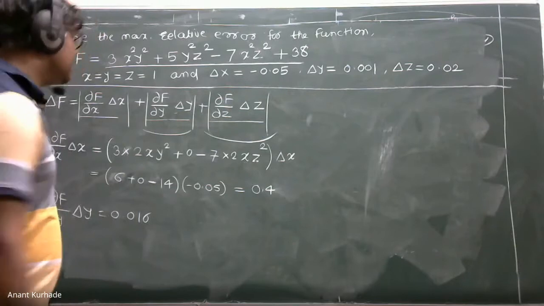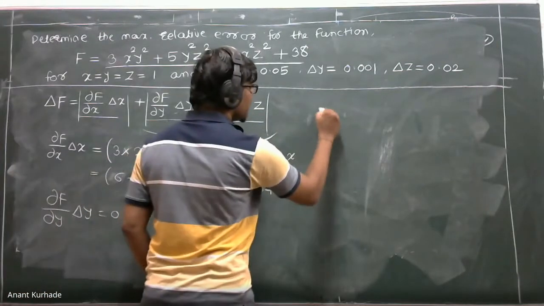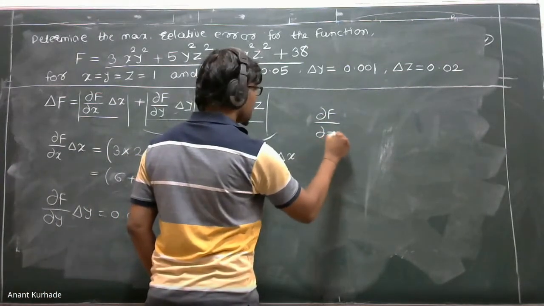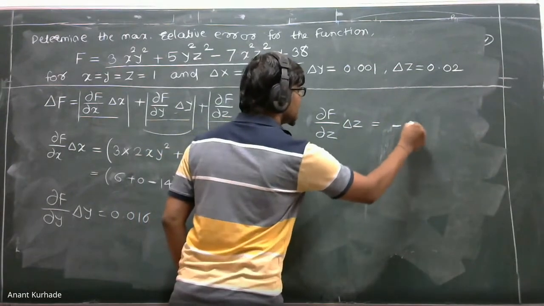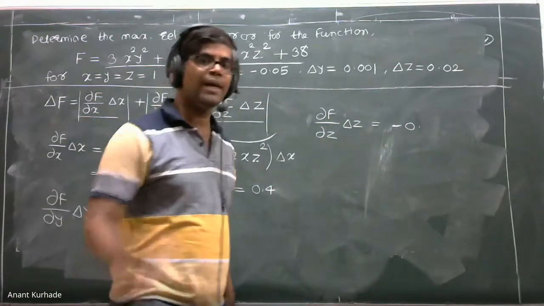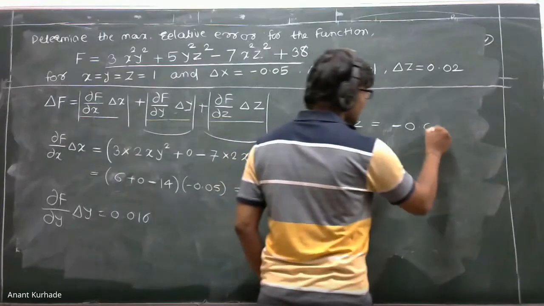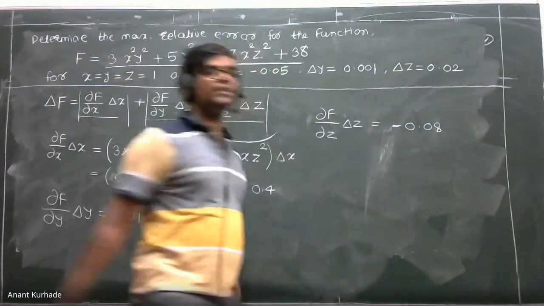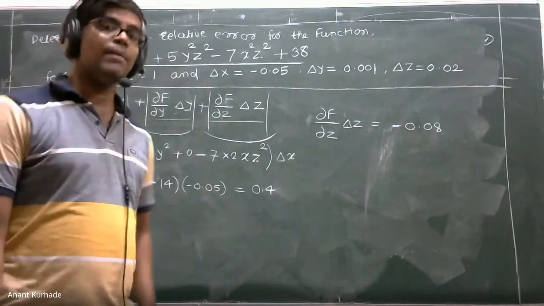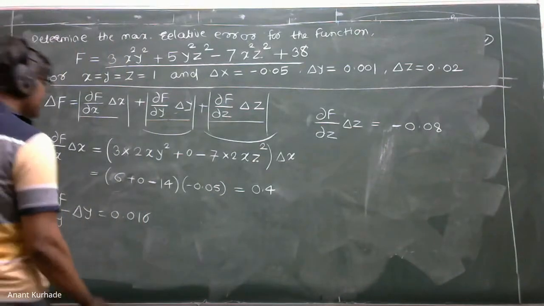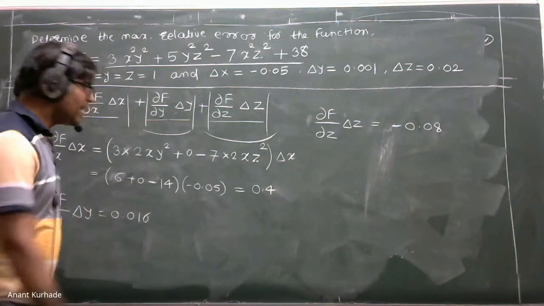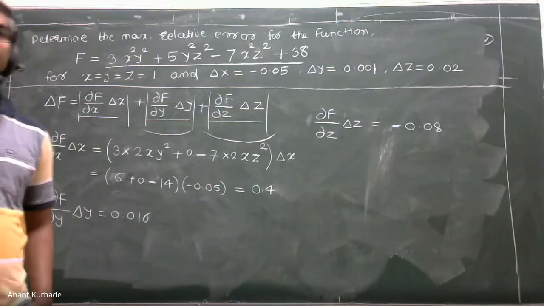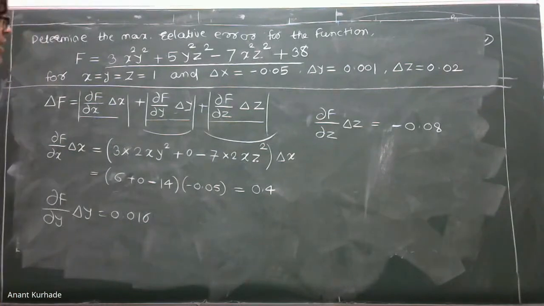We have this partial f upon partial z into delta z, which is minus 0.08. Just apply the mod sign, then it is plus 0.08. And tell me this final answer.